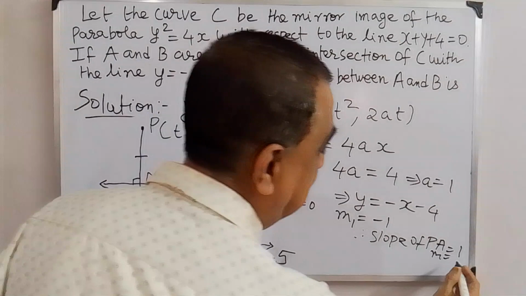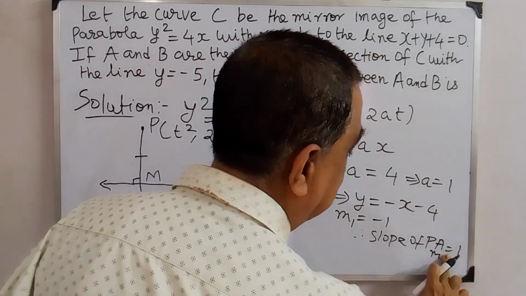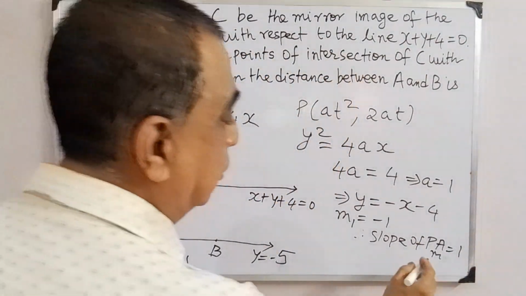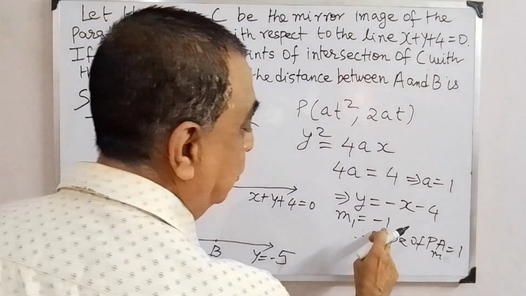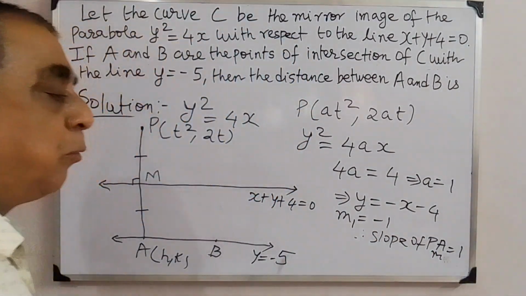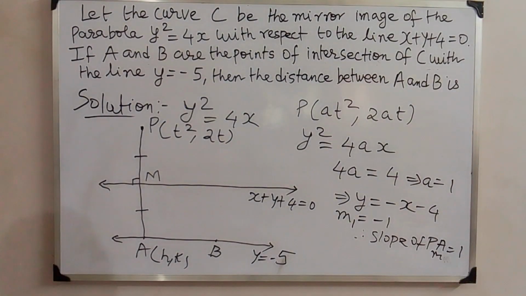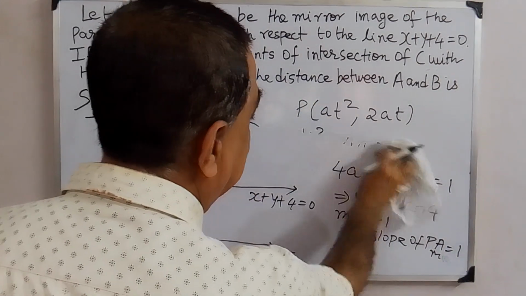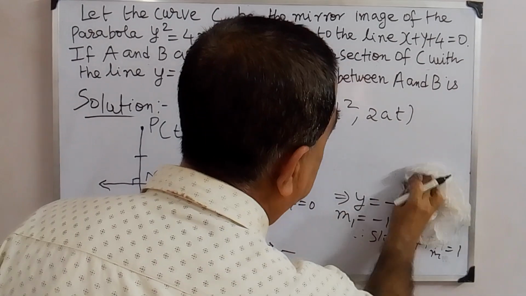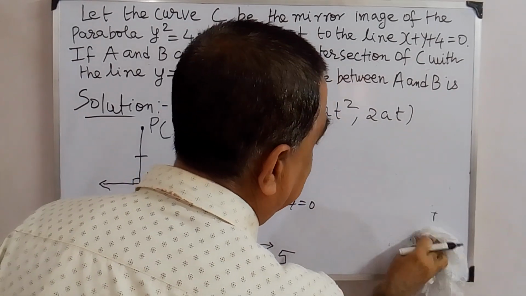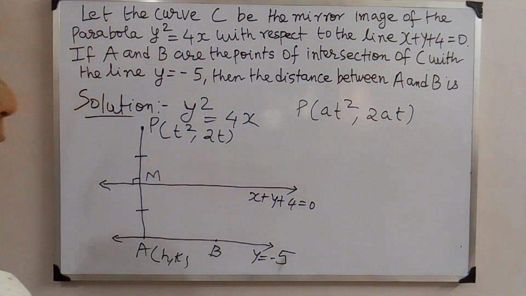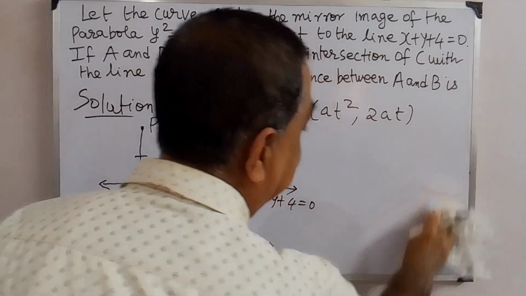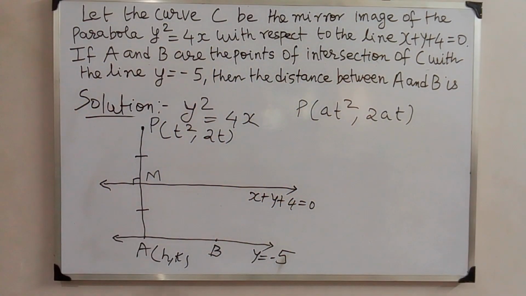Let the slope of PA be m. So m is equal to 1. Why will it be 1? Because m into m1 has to be minus 1. It is minus 1, so m has to be 1. So the slope of PA is 1. Now, what is the slope? The slope is the difference of the y coordinates divided by the difference of the x coordinates.